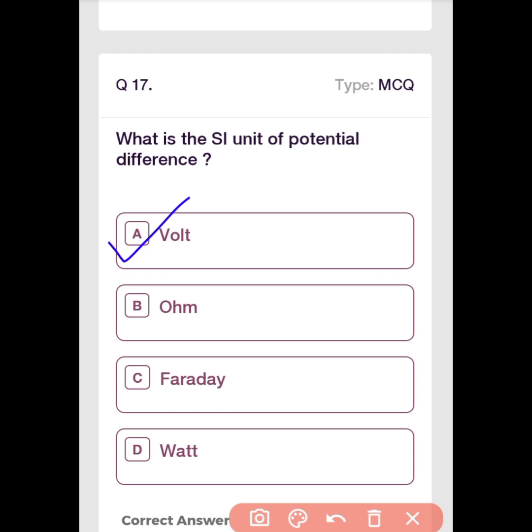Faraday, I think it must be farad. It is farad, it is not Faraday. Faraday is the name of the scientist, so it must be farad. Farad is the unit of capacitance. So there is a printing mistake.